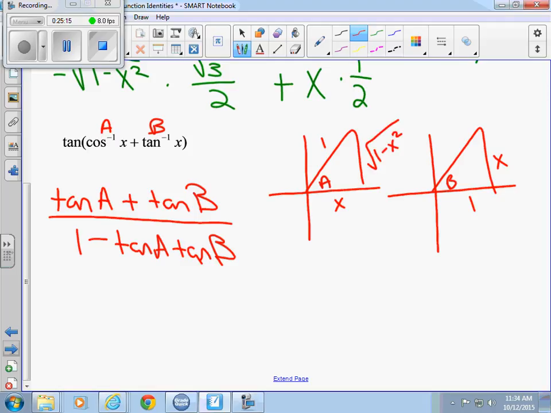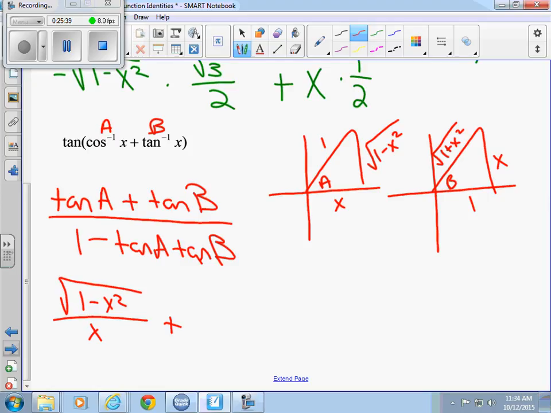What about on this one? That'd be 1 plus x squared. Good. So the tangent of A would be the square root of 1 minus x squared over x. Tangent of B. Wait, what is the tangent of tan inverse?